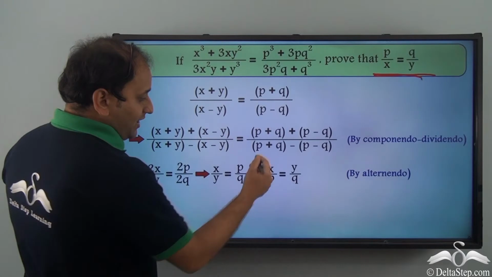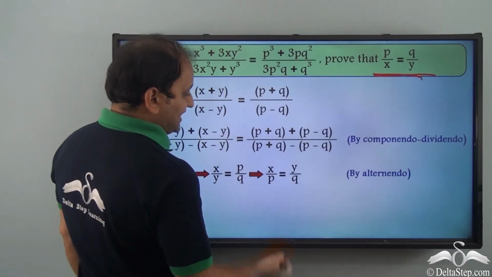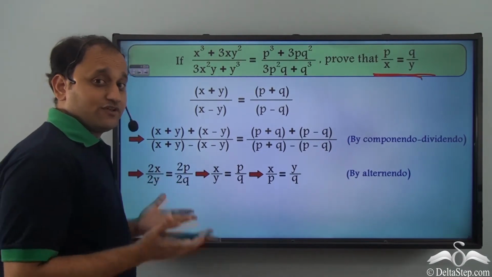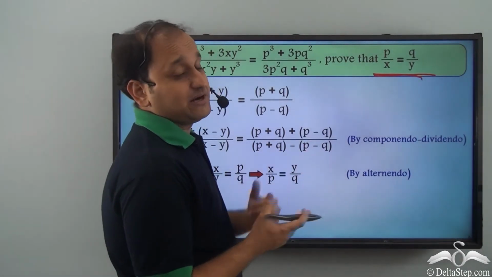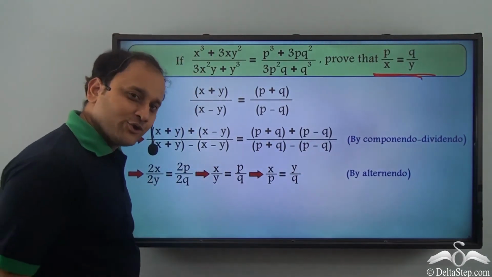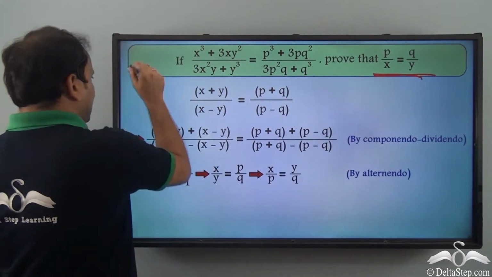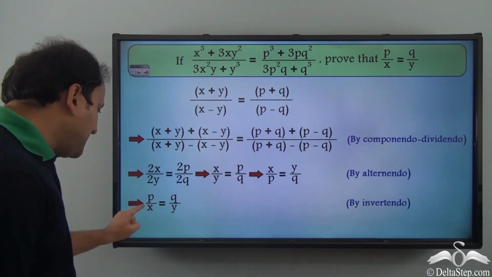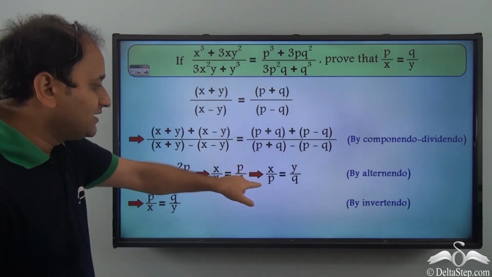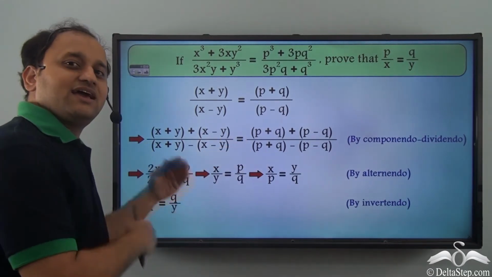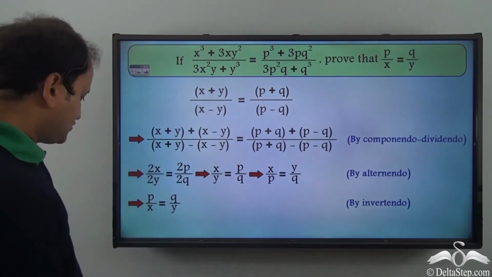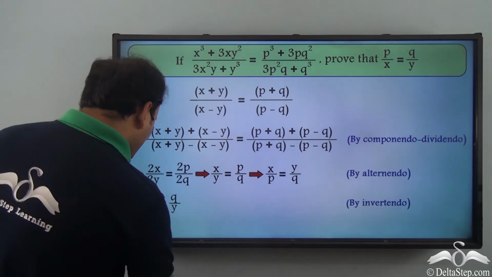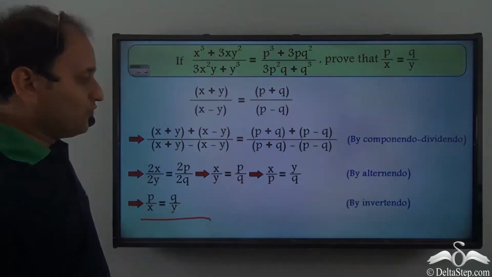So we need to invert the positions. That is, we need the inverse of these two. So when we talk about inverse, which property can we apply? Invertendo. So if we apply invertendo, we get p by x. So numerators and denominators exchanged their places. So we have p by x is equal to q by y, and this is what we needed to prove.